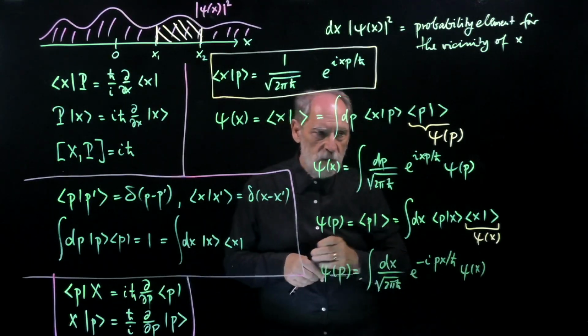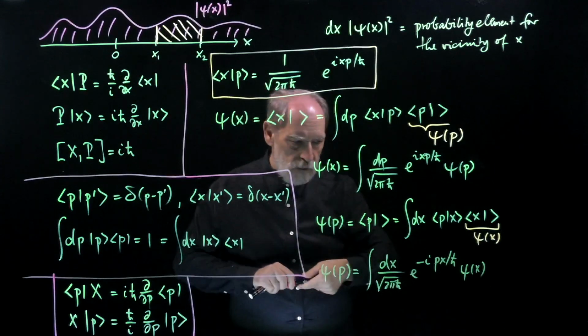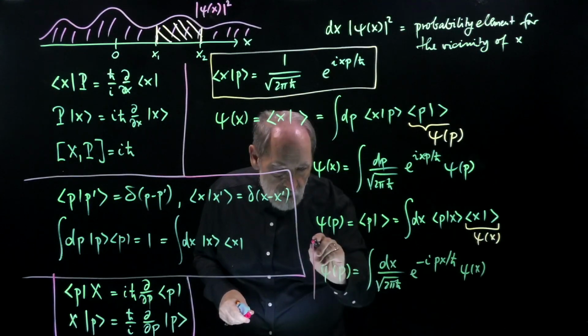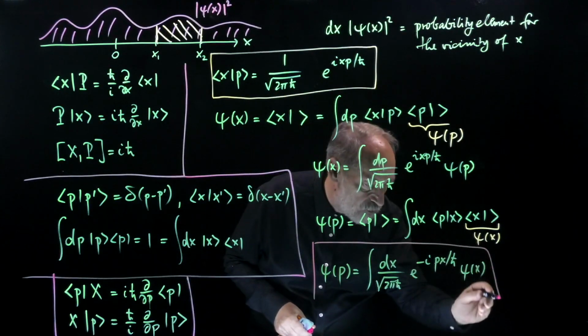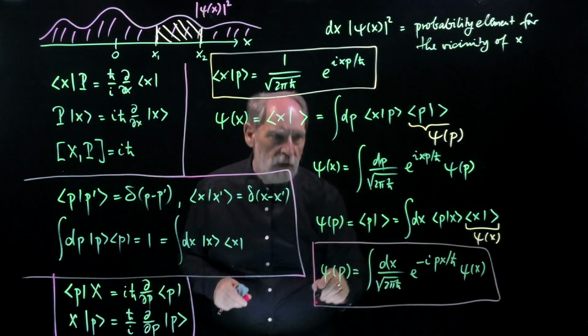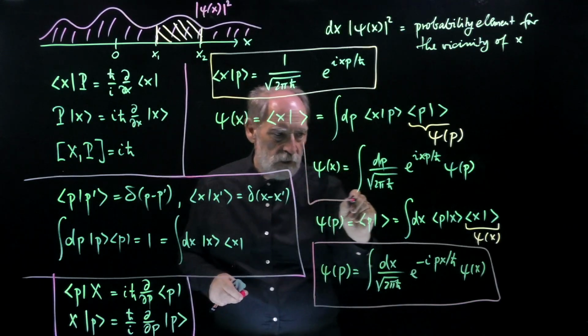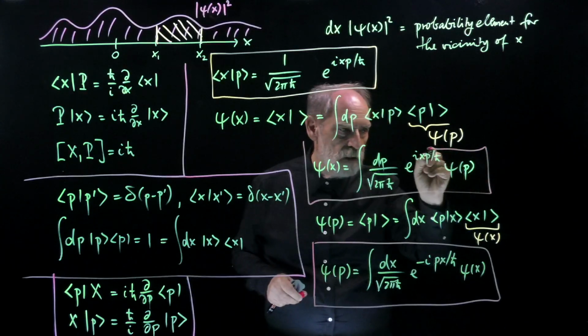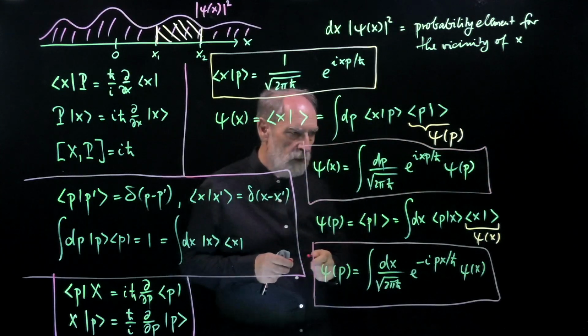So we have these two statements, one telling us what is the momentum wave function in terms of the position wave function, and one telling us what is the position wave function in terms of the momentum wave function.